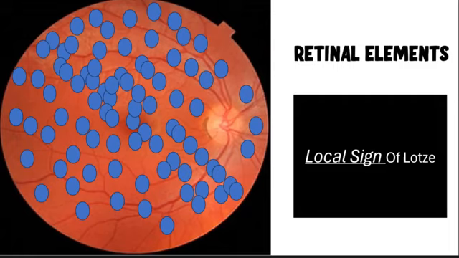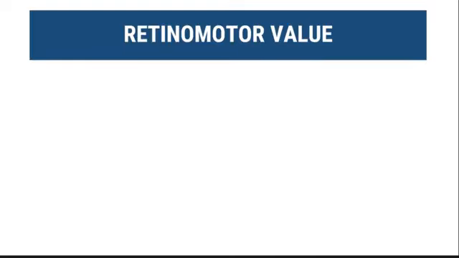This is known as the local sign of Lotze, which helps you in localization of the various objects that we see in normal day-to-day life. It actually gives them a directional value or spatial orientation in the visual field. So I hope that is clear.